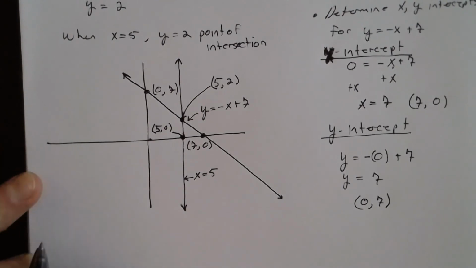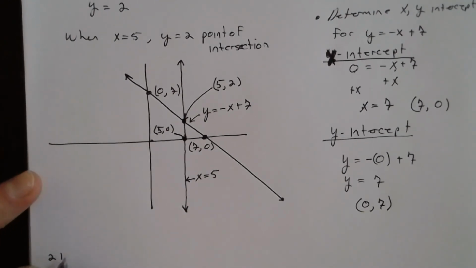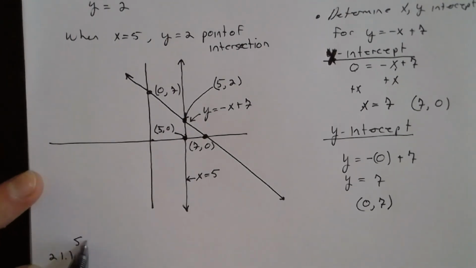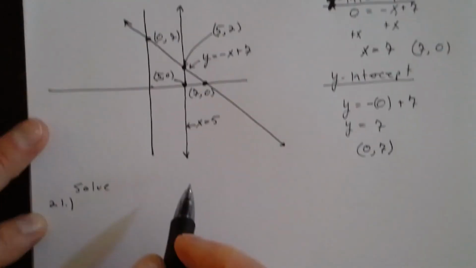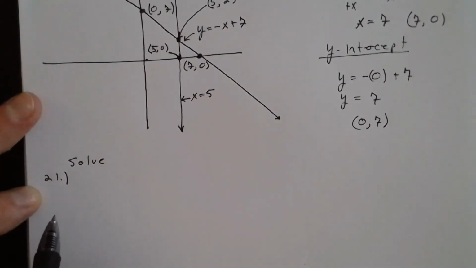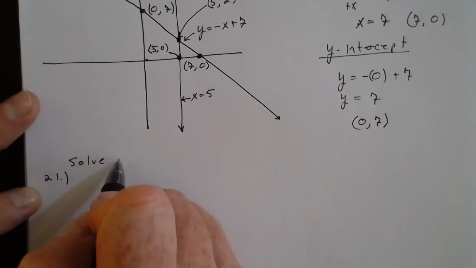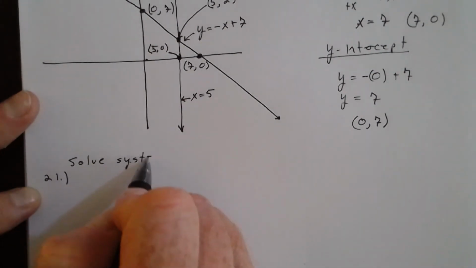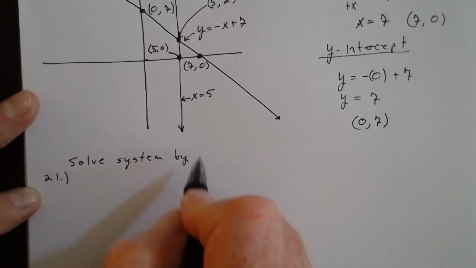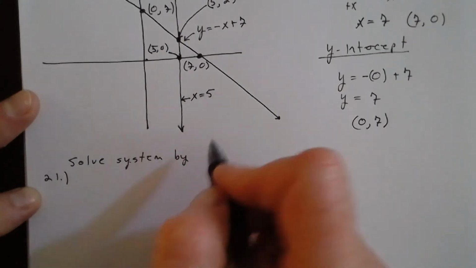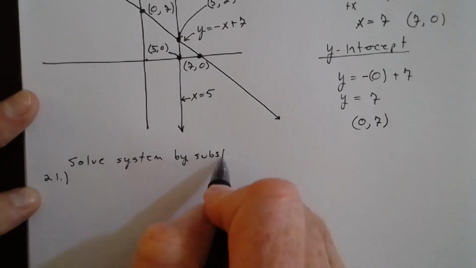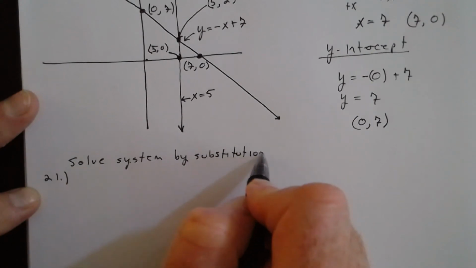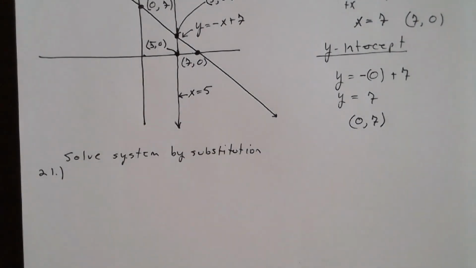So number 21. Solve the system by substitution.